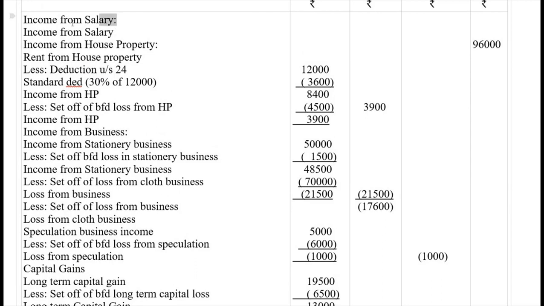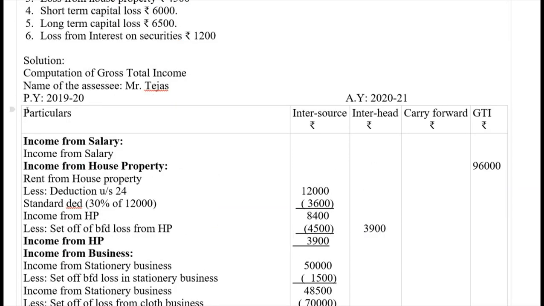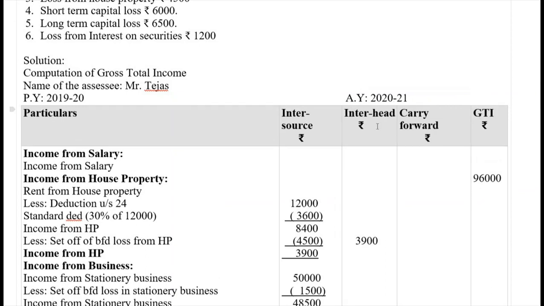Then let me come here from this point, income from house property. So we have got income from HP here, then income from business. So we must be very careful when we are making set off, right? This thing we have adjusted. So let me make these things also bold here.